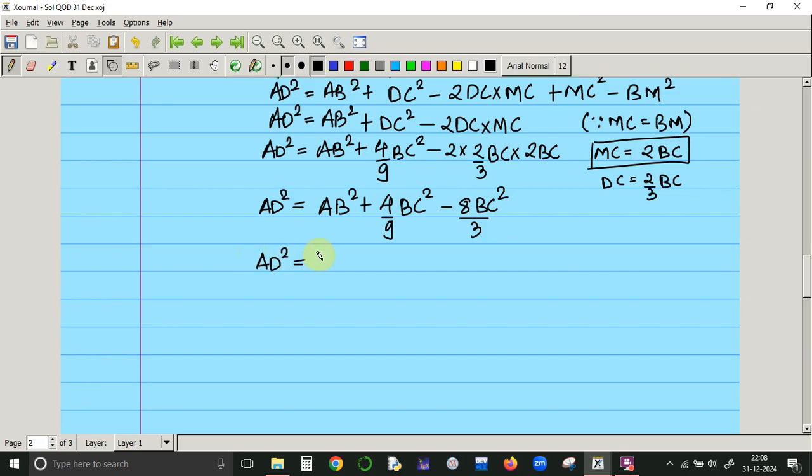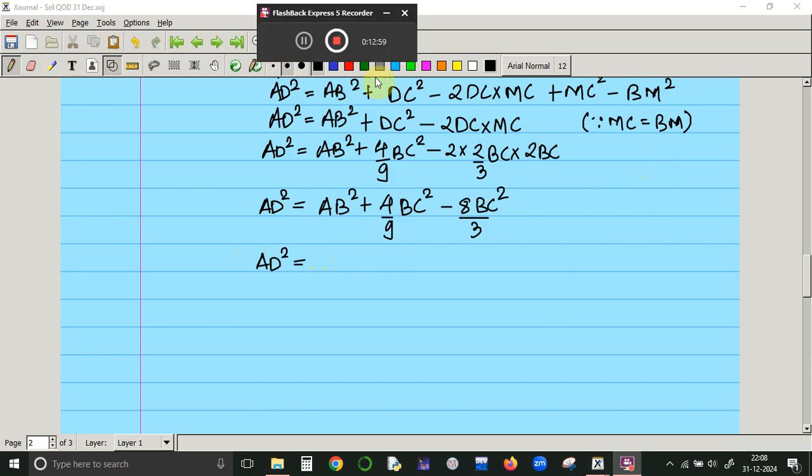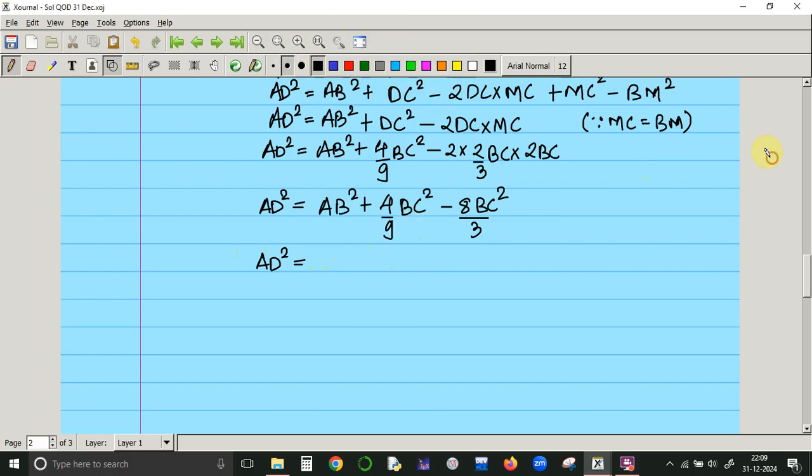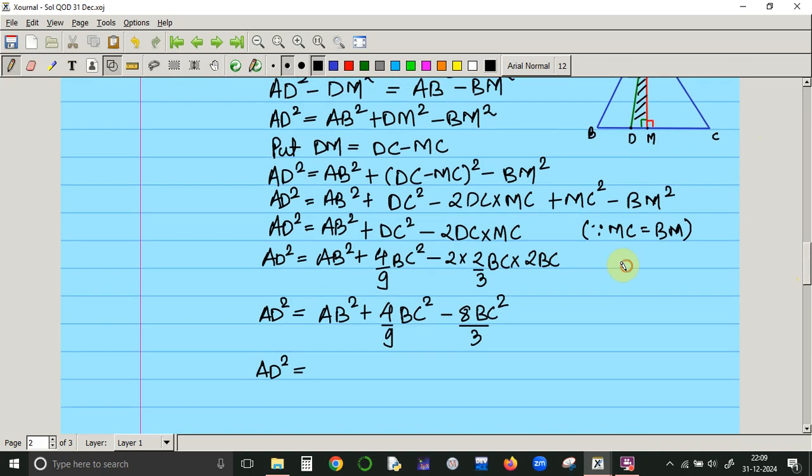So AD square is equal to, now let's clear this. I'm sorry, there's a correction. This MC is half of BC. So what I was writing, MC is equal to 2 times BC, was incorrect. So this term is giving me some absurd answer.